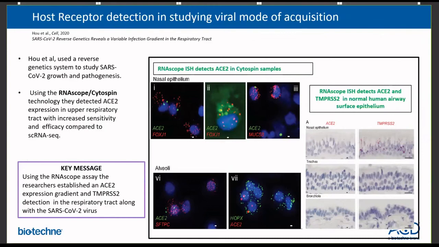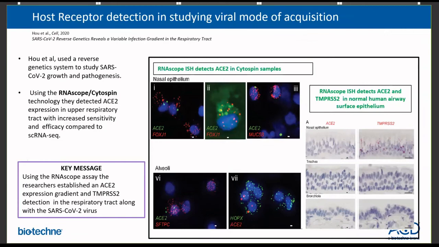Scientists in this study used a reverse genetic system to study SARS-CoV-2 growth and pathogenesis. They used both the chromogenic as well as the multiplex form, and they tested RNAscope on cytospin samples. That is once again showing the ability of the RNAscope assay to work in various sample types.